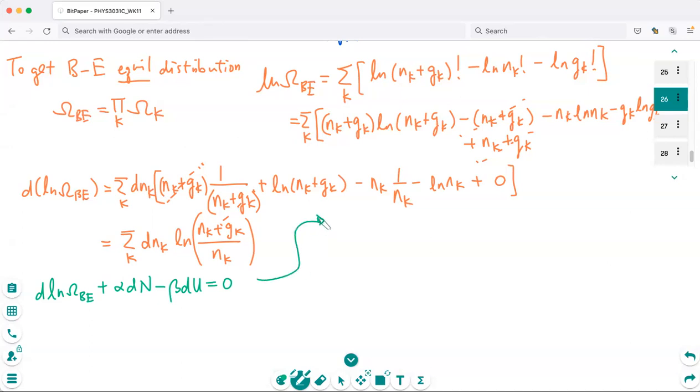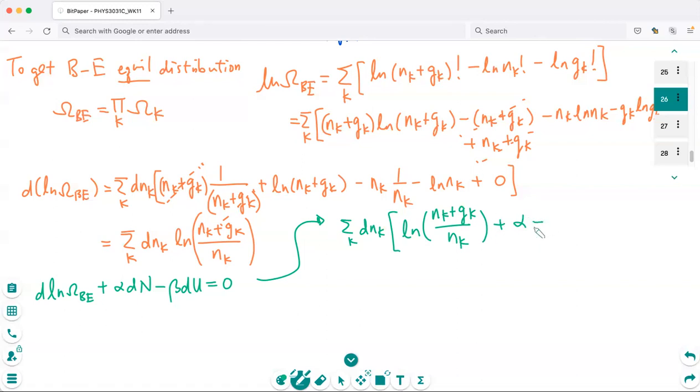So these will give me a sum. The first term is sum over dnk. Everybody will have dnk. So let's do a big square bracket for this. So I have first term is this. Second term is really sum of dnk, so I have alpha.